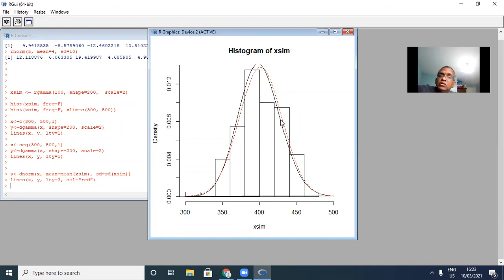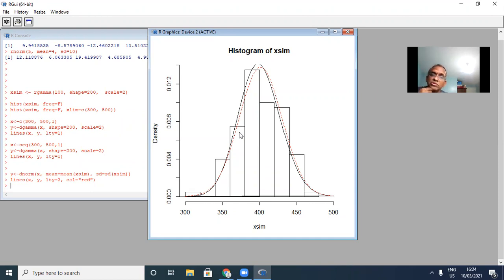That is, the normal PDF and the gamma PDF, both of them are a good match to the histogram, right? But this is only true for this particular data set. I mean, it may not be true in general. In general, the normal distribution may not be a good approximation to the histogram, but in this case it is.